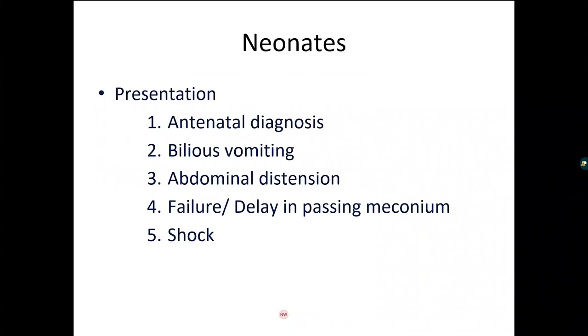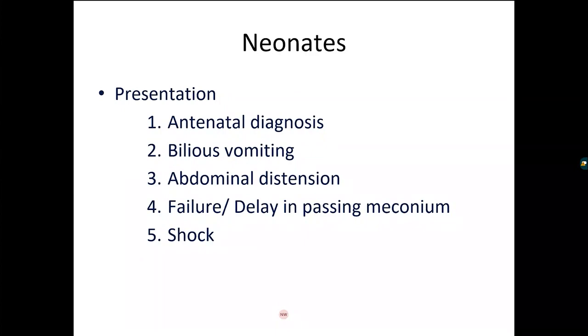If you look at the presentation of a neonate with suspected intestinal obstruction, there are a few cardinal features. With more and more use of antenatal or fetal ultrasound scans, antenatal suspicion of bowel obstruction is becoming more and more common.